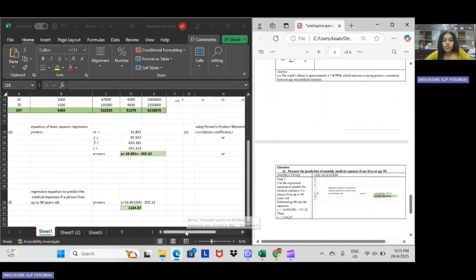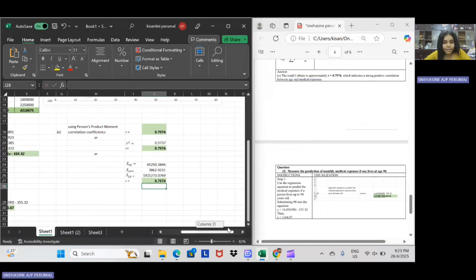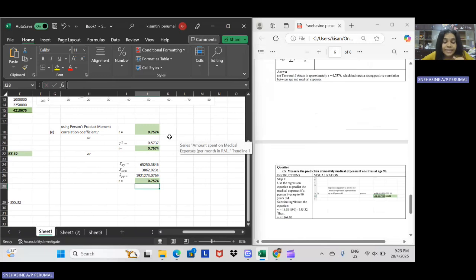So you can use any of these methods, or calculate on paper also, and you will get the same answer.